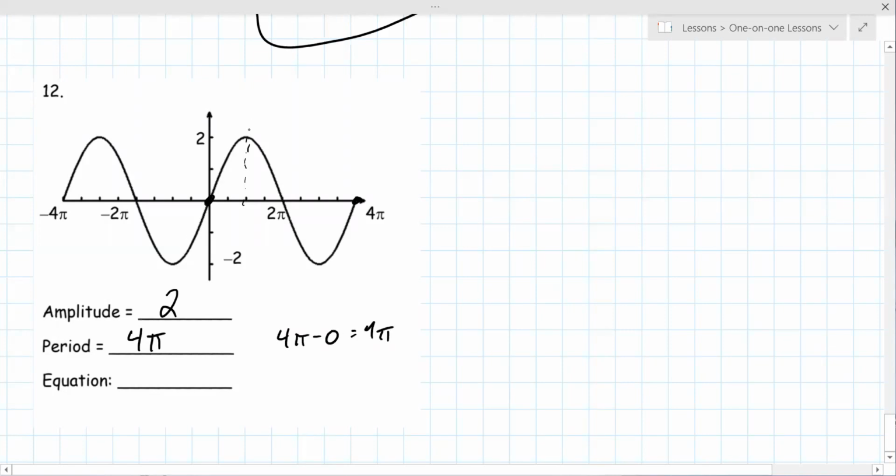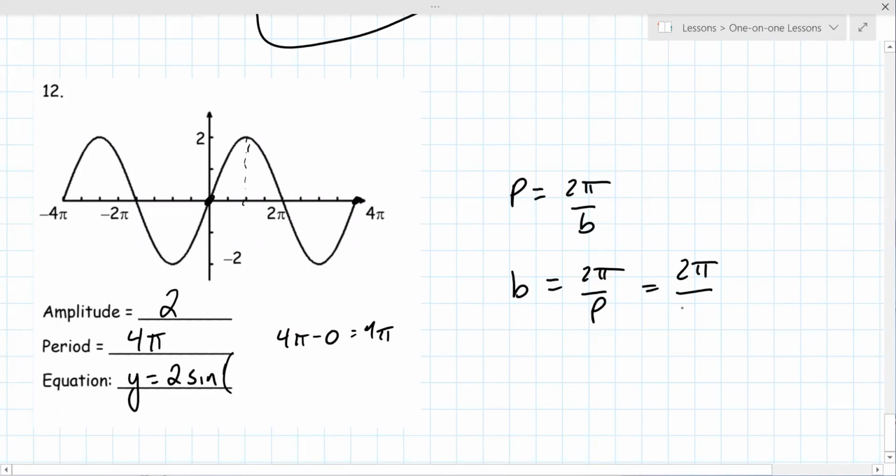It's a sine because it goes up. So it's y equals, and then you need the amplitude, 2 sine, and then to get the b value, period equals 2 pi over b, so b equals 2 pi over the period. 2 pi over 4 pi, which equals 1/2. So this is 1/2 x.